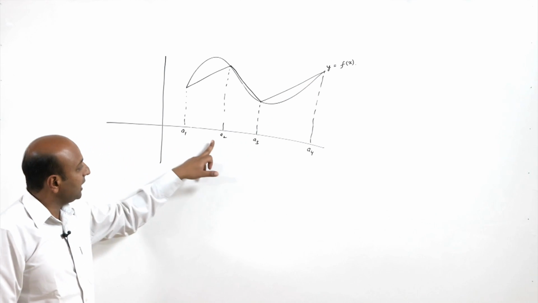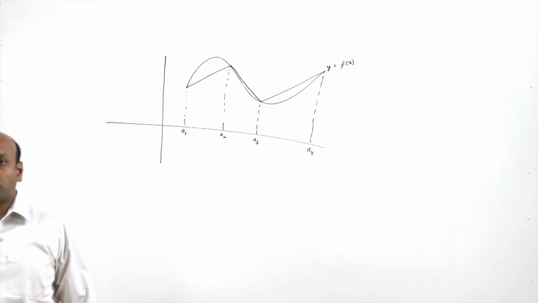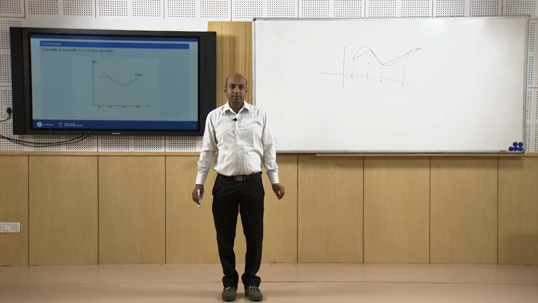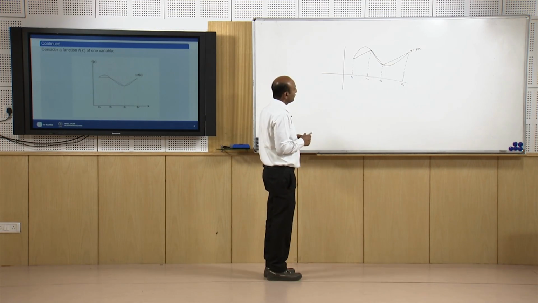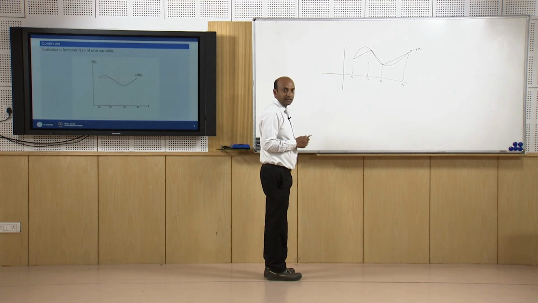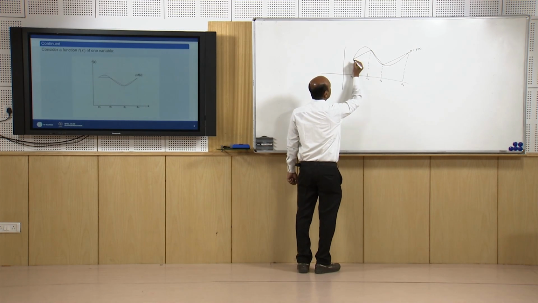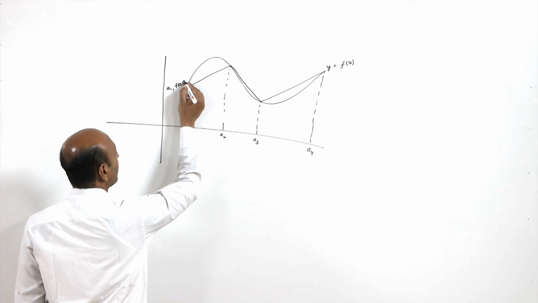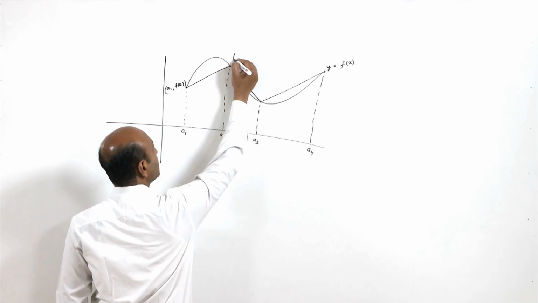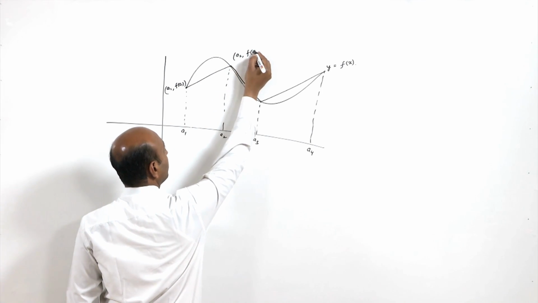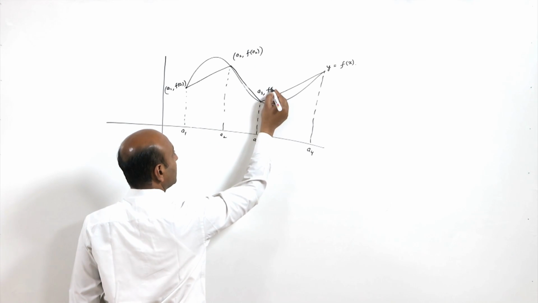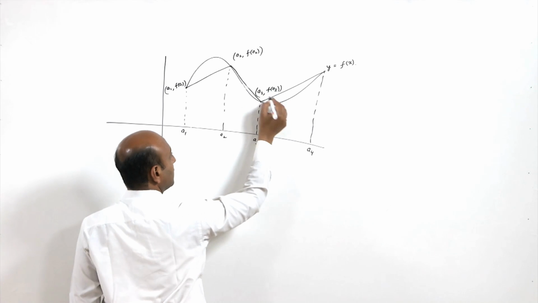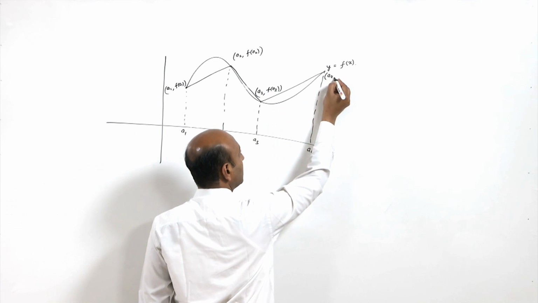Now, these A1, A2, A3, A4 are called grid points. Now, how to find the linear approximation of this f? Let us see. This point will be nothing but A1, f of A1. This point is A2, f of A2. This point is A3, f of A3. This point is A4, f of A4.